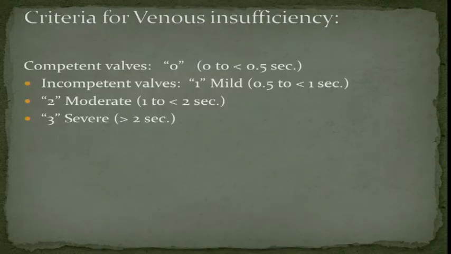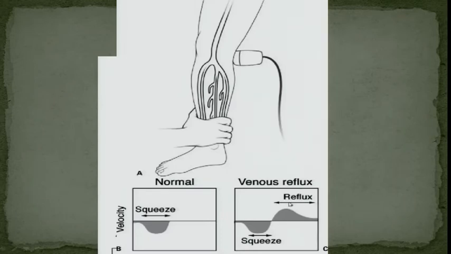Now, there is a criteria for venous insufficiency that grades it into no, mild, moderate, and severe. How is that told? That's told based on how long it was refluxing, whether it's refluxing for half a second, 1 second, 2 seconds, or 3 seconds. The yes or no, does the patient have reflux, is only when you identify flow above the baseline.